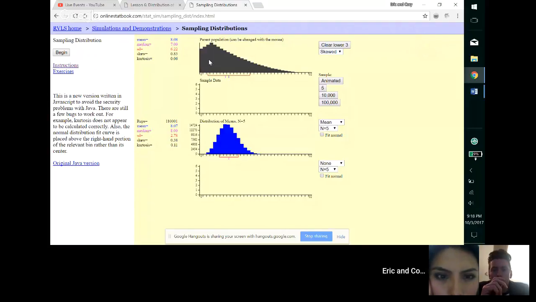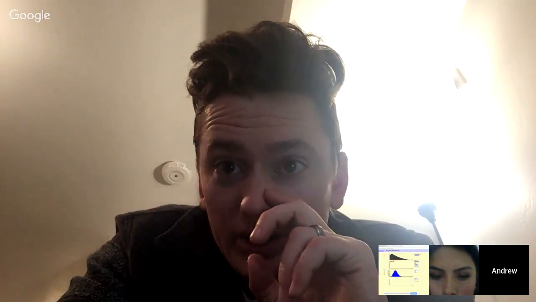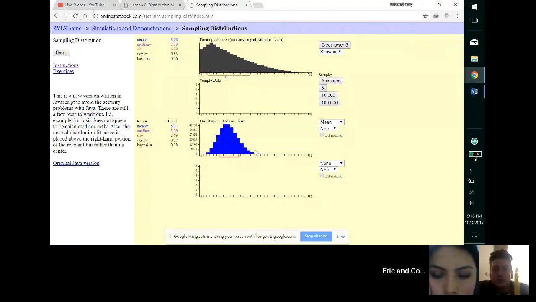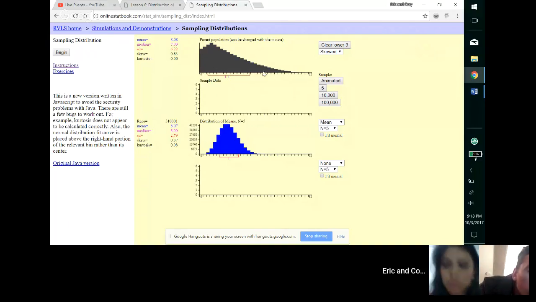The central limit theorem says that when you get a ton of these, like 100,000 of these, it's going to make this more and more normal. And normal just means that it's bell-shaped. Right, that you have a normal distribution. Because on this side it's not bell-shaped.